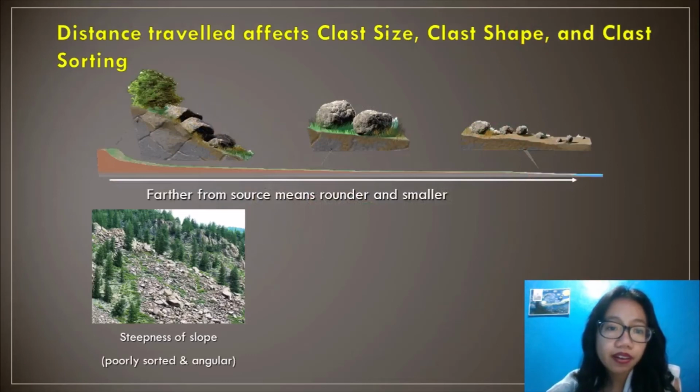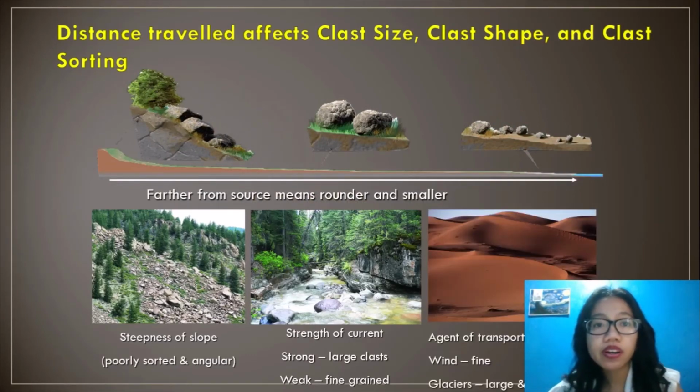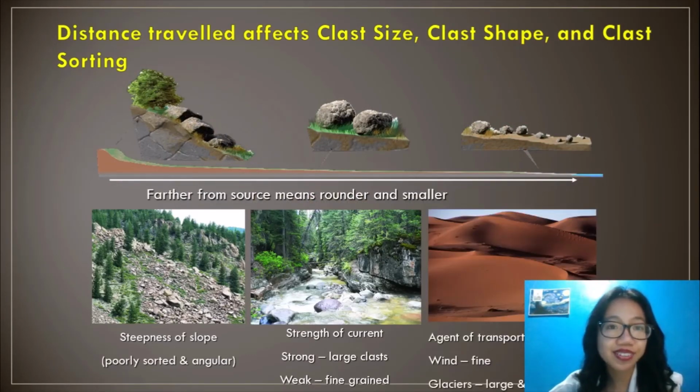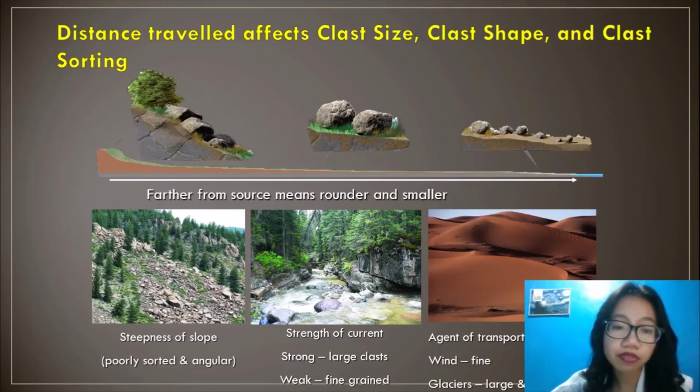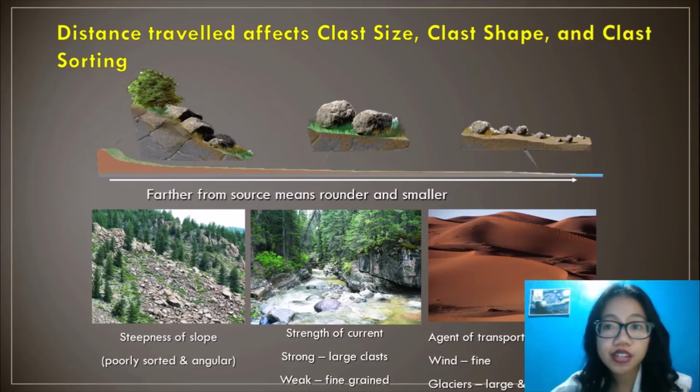So I have already shown this slide before in our rock module. Just showing you again because rocks are still part of the geomorphic process. Distance traveled affects clast size, clast shape, and clast sorting.